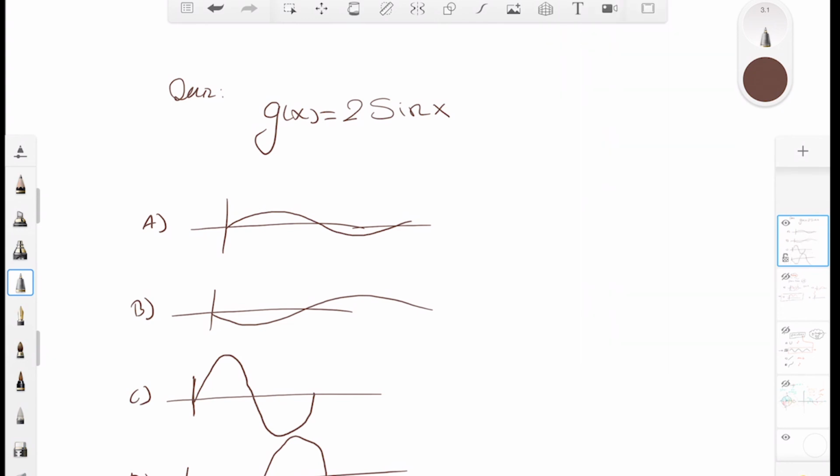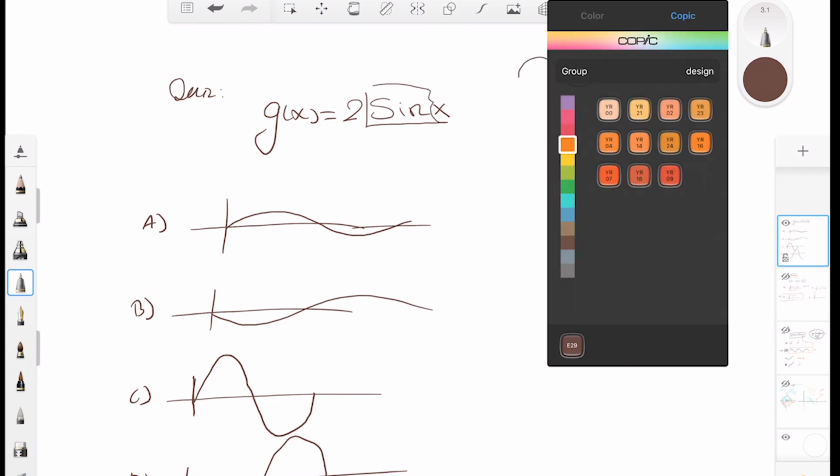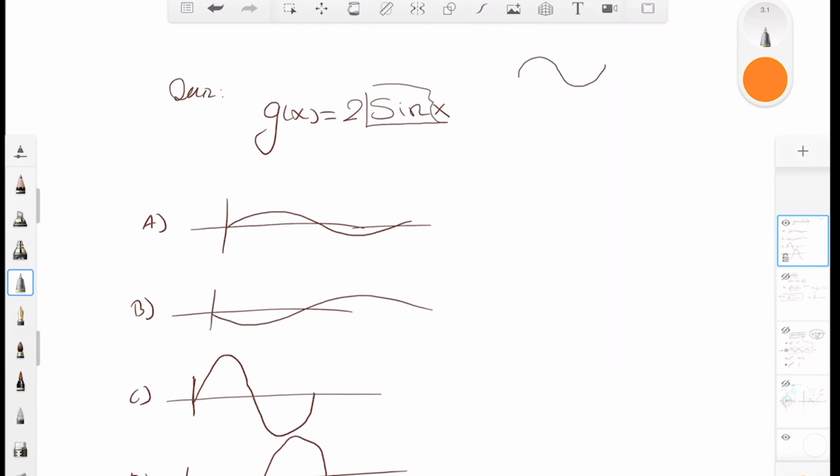Now which one is correct? Is that A, B, C, or D? We are dealing with sine. You have the idea how sine looks. But the problem is all of them kind of look like a sine graph. Which one is the best fit for this one?